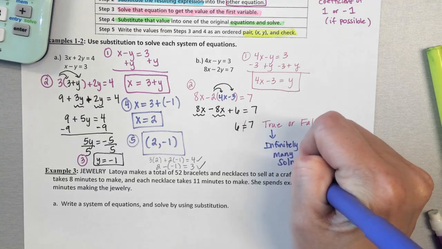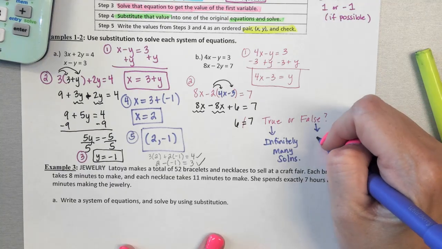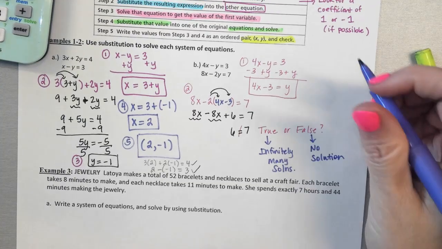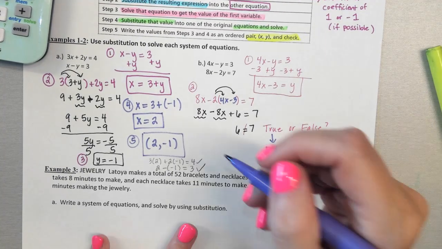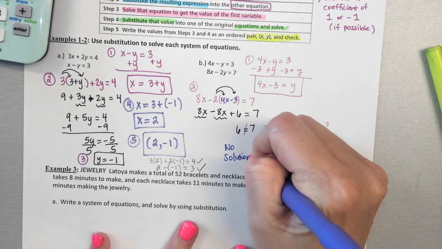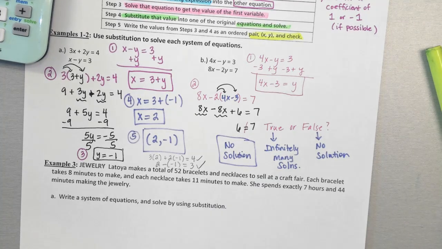And if it's not true, which is the case we have here, what do we think it's going to be? No solution. Exactly. So from yesterday, it's an inconsistent system. So no solution is what we write down.